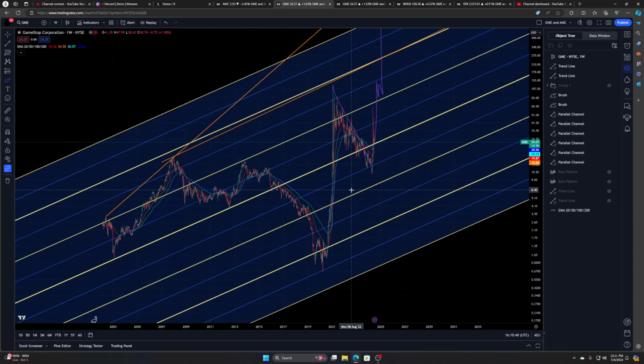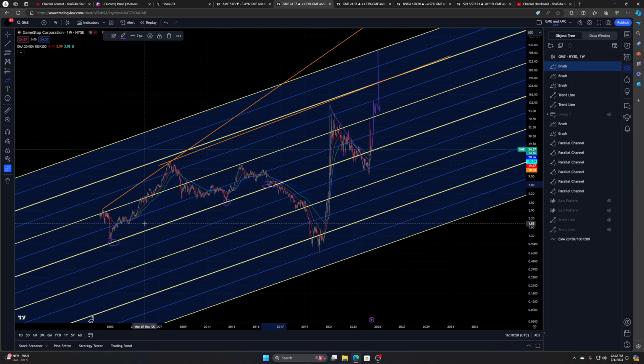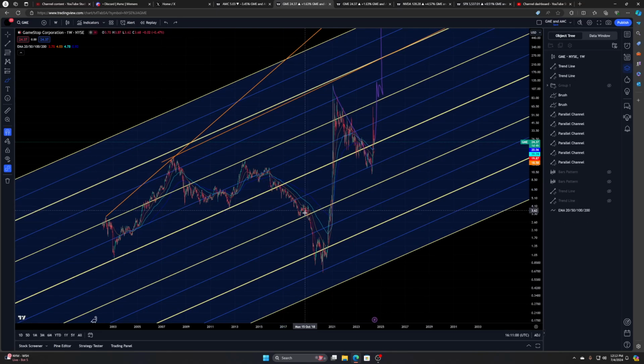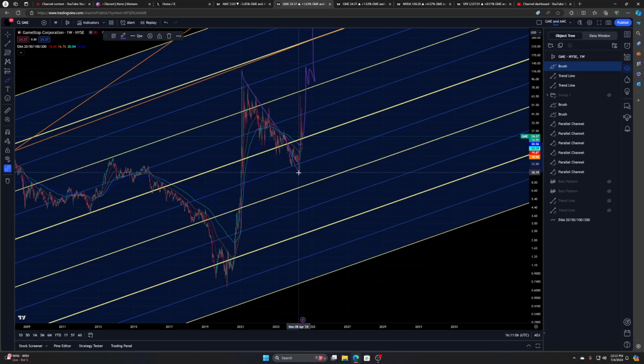These are all just channels that price is trading in, and you can see from the beginning of GME's history, all the way back in 2003, 2012 and 2016, we've used this channel as support. You can identify multiple times that this channel has been support. Now we slipped below it, used this midline as support, bounced up, tested the top of this channel, came back down, and now we're using the bottom of this channel as support.